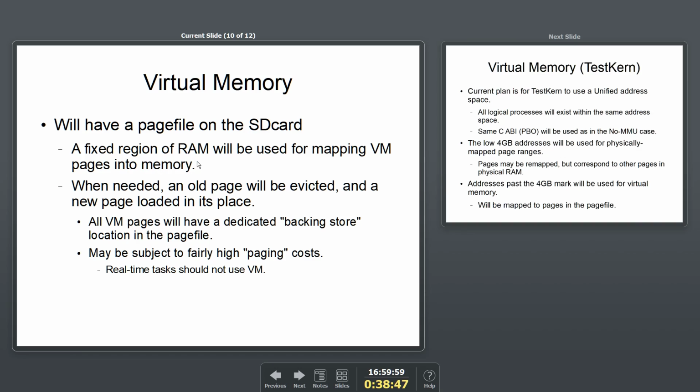In the current implementation, it'll grab a chunk of about 32 megs, and that will be used for pretty much all of the virtual memory. This might be increased in the future, but for now this is what I'm going with.